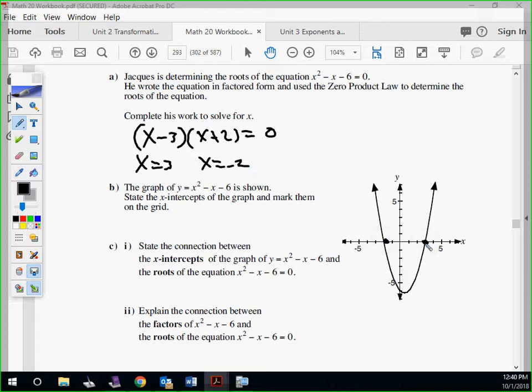Negative 2 and 3. State the connection between them. Same. That's all I'm writing.